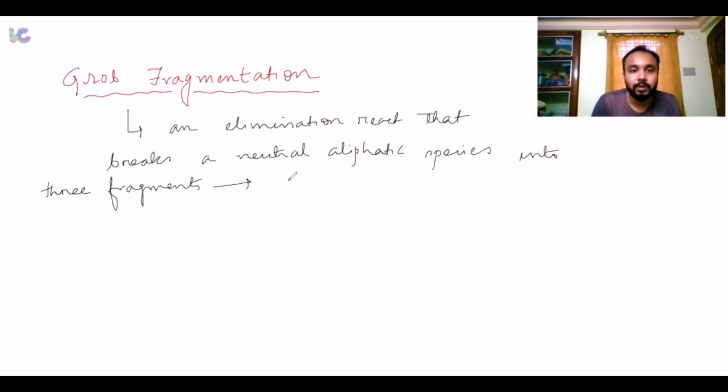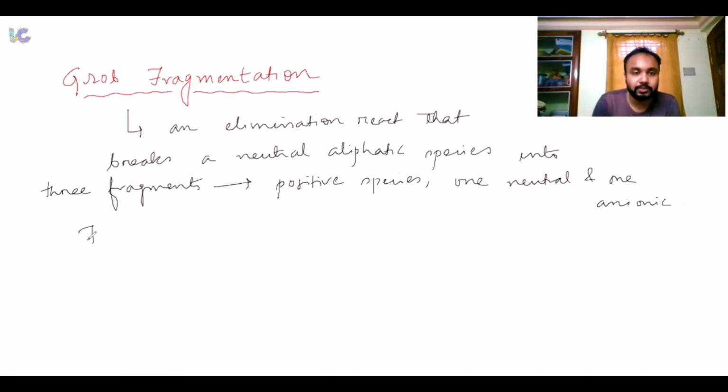One of them will be a positive species, one neutral, and one anionic. This fragmentation requires an electron push and pull.